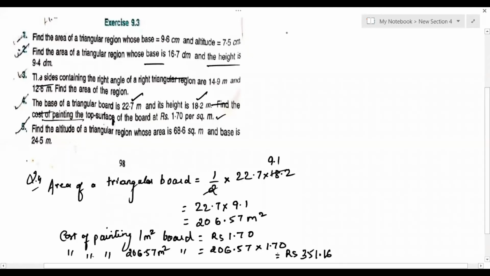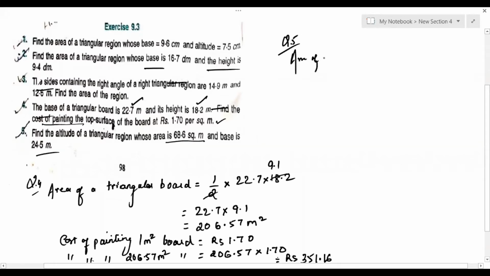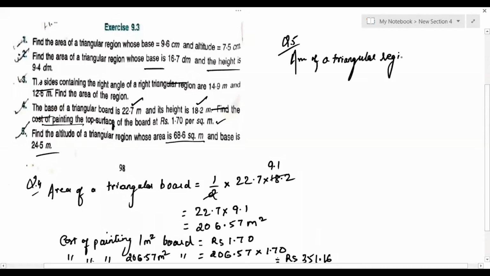Next, question number 5. What is question number 5? Find the altitude of a triangular region whose area is given to us, and the base is given to us. So again, put the formula: the area of the triangular region is already given to us, that is 68.6.